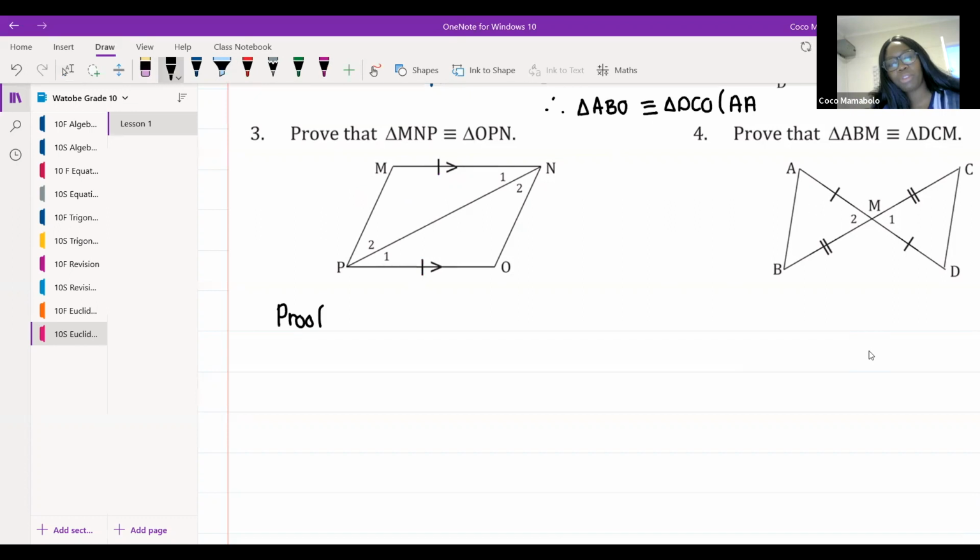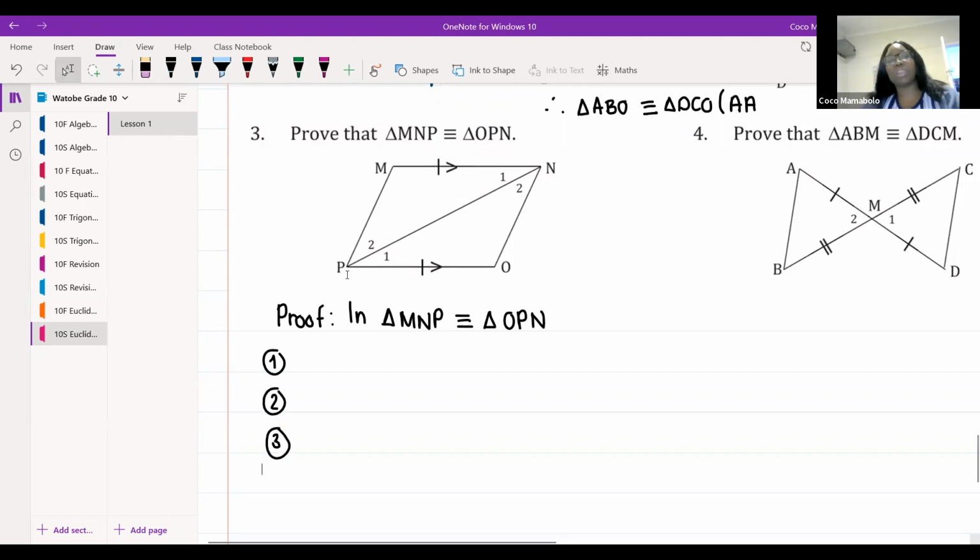Don't forget, guys, the proof part, very important. In triangle MNP, you guys can already drop your suggestions in the chat. Tell me, where are we going? We need 3 reasons. 1, 2, 3. Give me reasons in the chat, guys. Where are we going first?